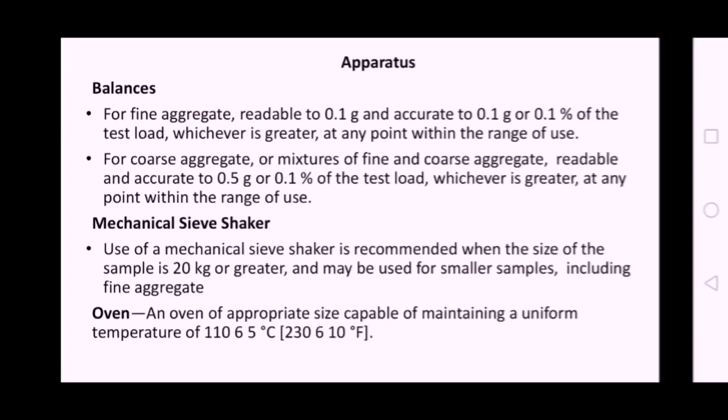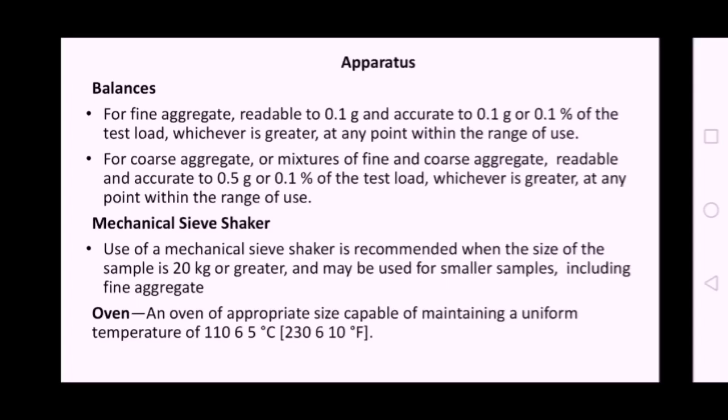So for this test, what apparatus do we need? We need balances. For fine aggregate, readable to 0.1 gram and accurate to 0.1 gram or 0.1% of the test load. For coarse aggregate, we need readable and accurate to 0.5 gram or 0.1% of the test load.